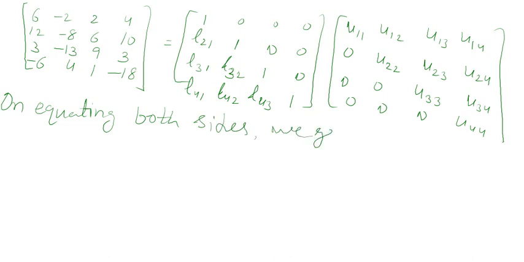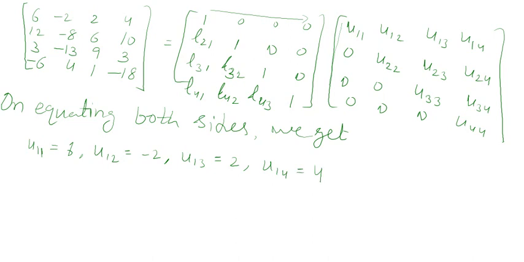We get, if you multiply the first row with each column on the right side, L and U, from the first row, U11 equals 6, U12 is equal to minus 2, U13 is equal to 2, and U14 is equal to 4.